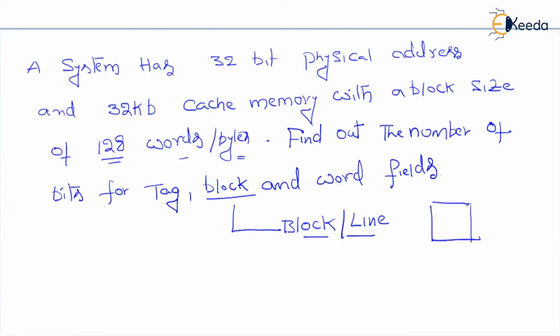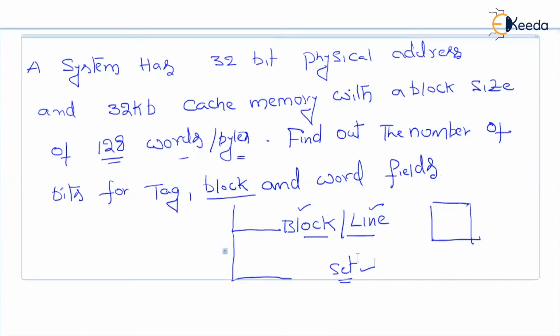In set associative mapping, the same block field can also be called the set field. So this field can be referred to by multiple names: block field, line field, or set field. Everything refers to the same thing. Now let us solve this question.